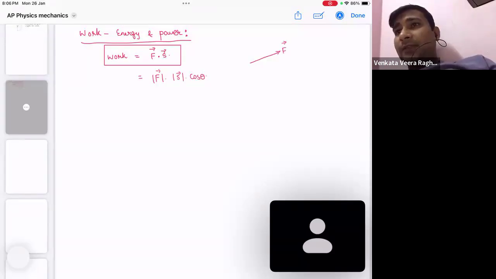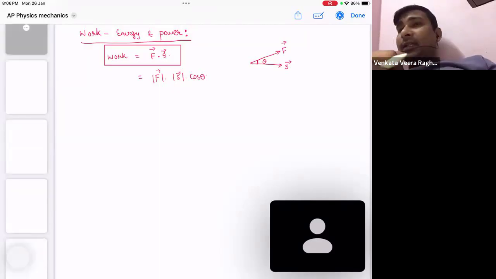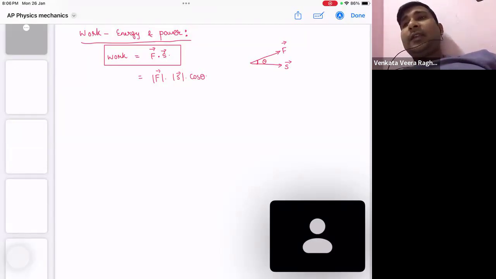Like let's say this is the force vector and the displacement of particle happen in this direction, and there is an angle between these two. This angle theta is the angle between the force vector and displacement vector. Clear? So dot product of F and S, if we are defining, that is magnitude of F, magnitude of S into cos theta.